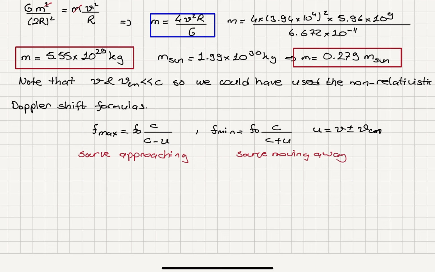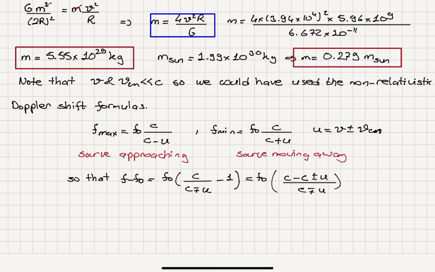Okay, so if I calculate the shift in the frequency, f minus f0, this would be f0 times c divided by c minus or plus u, minus 1, which is f0 times c minus c plus or minus u, divided by c minus plus u. And we can see the c's will cancel here.